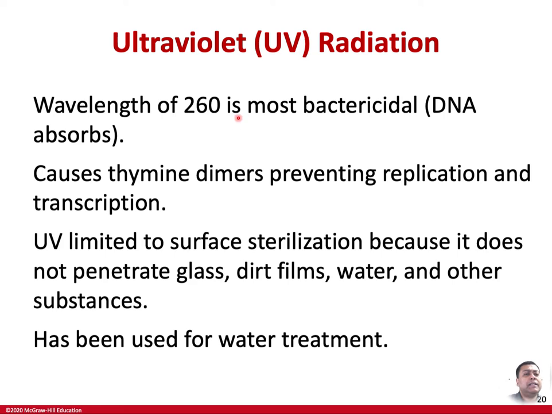Also, this is a non-ionizing radiation. What the ultraviolet causes is thymine dimer formation. We have talked about this: in between the A and T bonds, it breaks those two hydrogen bonds.